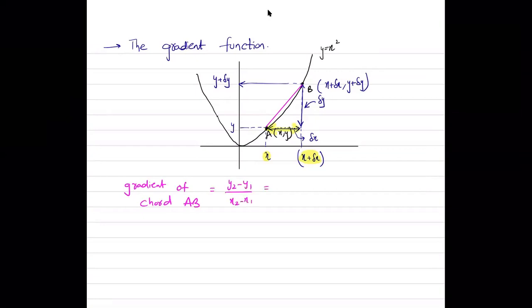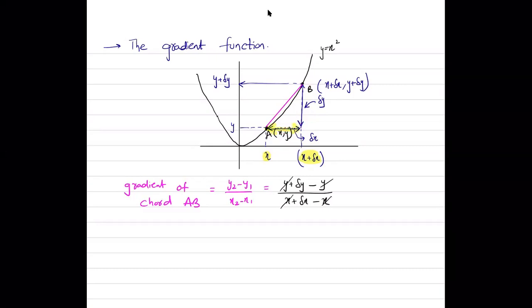Yes. So it is going to be y plus delta y minus y over x plus delta x minus x. The y cancels out, the x cancels out. So I can understand that the gradient of AB is delta y upon delta x.